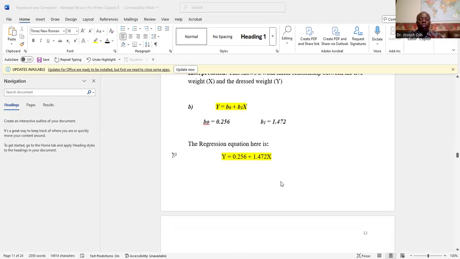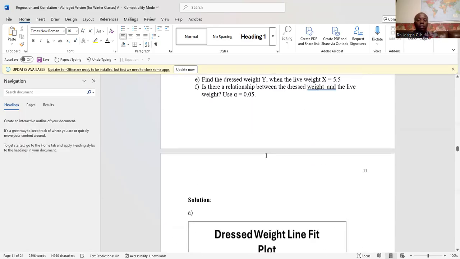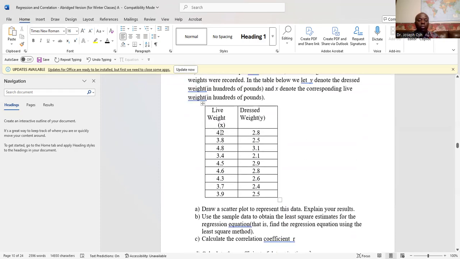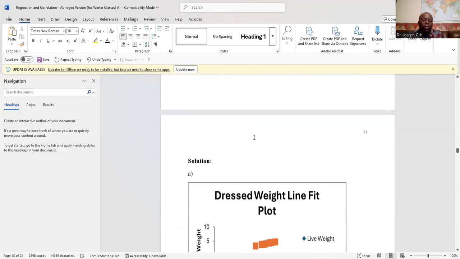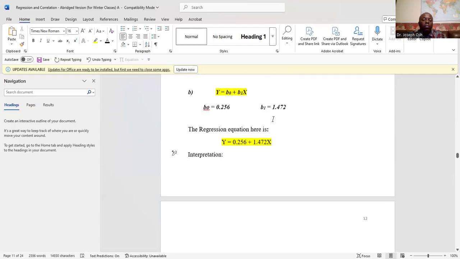Okay, so no question. So what does this equation mean? Interpretation. If you look at the slope, 1.472, remember, these are in hundreds, right? Like 4.2 is 420, 2.8 is 280. To interpret this slope, it's a positive slope. That means it shows an increase.